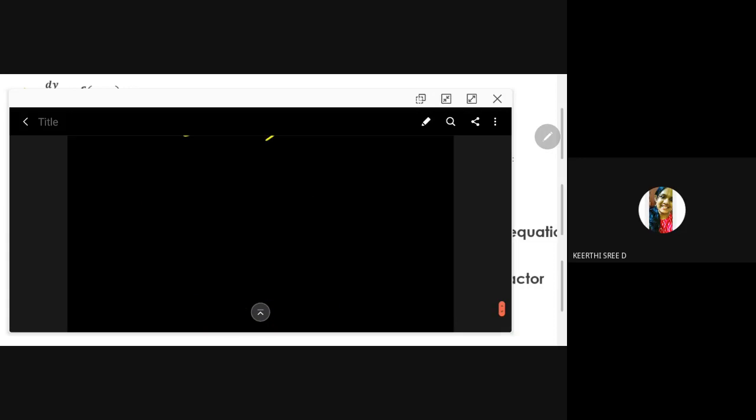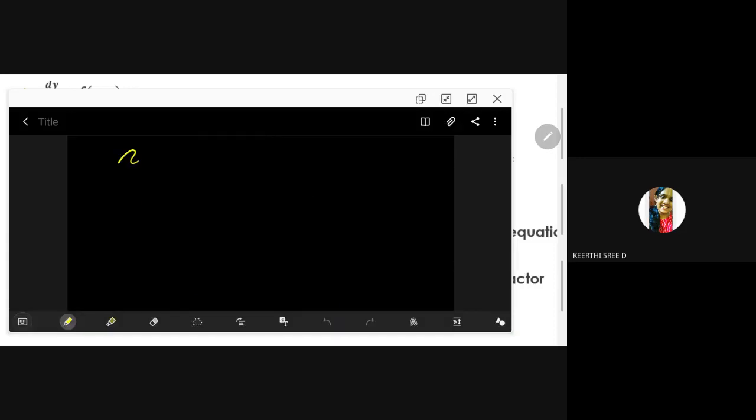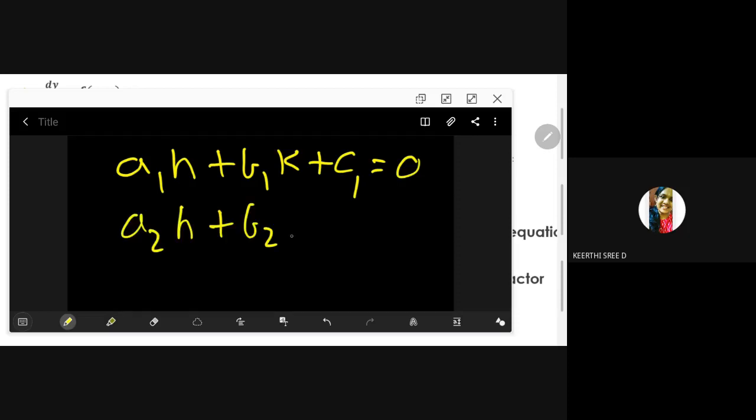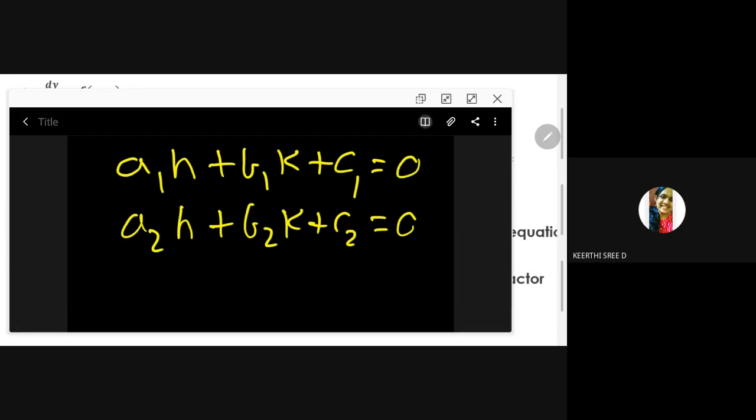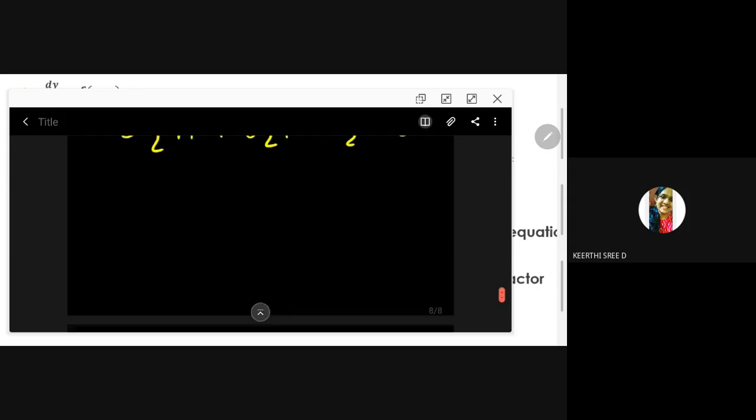Okay, we are looking at a1h plus b1k plus c1 is equal to 0, a2h plus b2k plus c2 is equal to 0. If this is the case, then you look at this in matrix form.